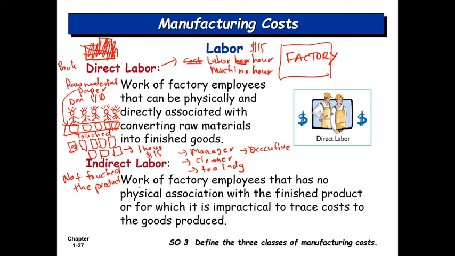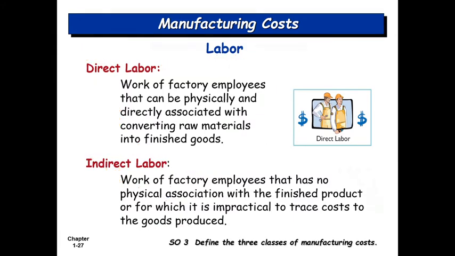We easily trace that direct labor for one book is $15. But the salary of the manager, cleaner, tea lady, executive, we cannot easily trace the whole cost into the whole product.